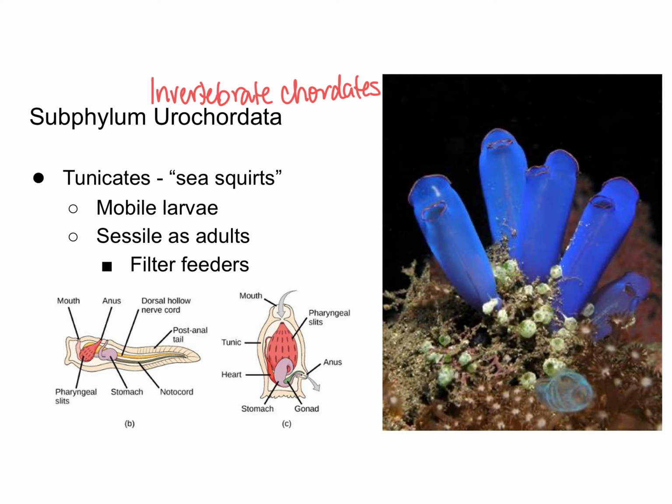And that's because when they are threatened, they can actually contract their muscles and they can squirt water out of them. The larvae of these animals are mobile, so they can swim around, but they are sessile as adults. So remember, sessile just means that they are fixed in place, so they are immobile. They do not move once they are anchored in place.